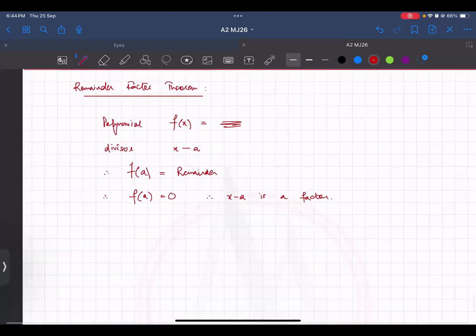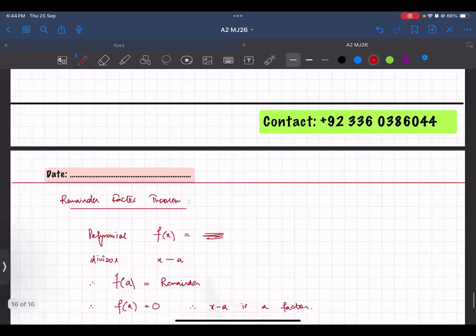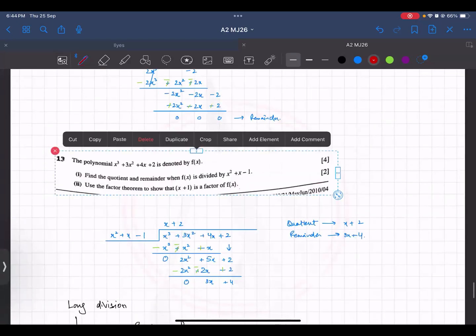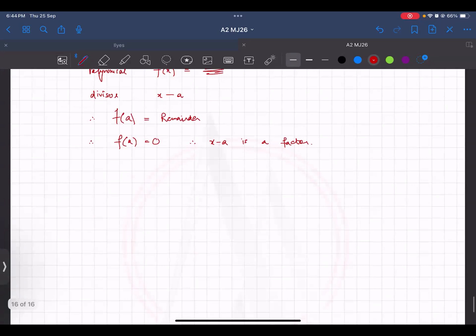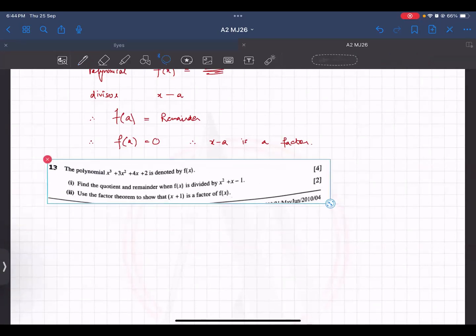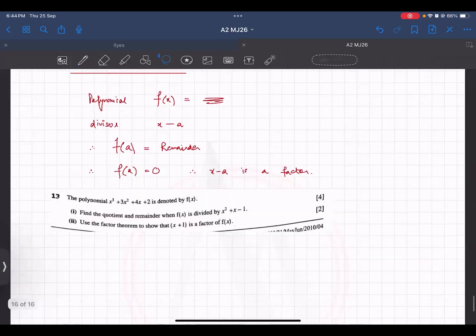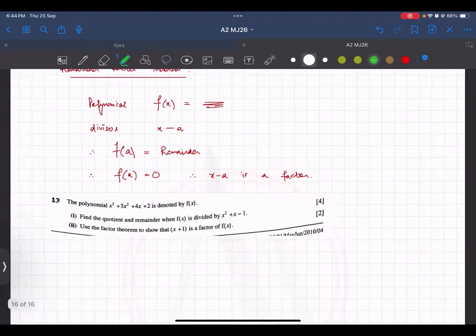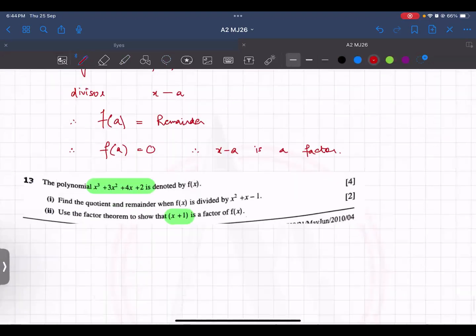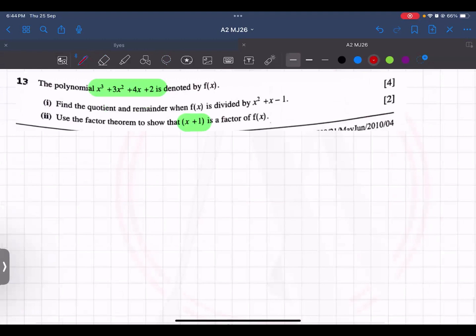Now how do we do this? Let's take the same question. They are asking us to check if x plus 1 is a factor or not. So the divisor is x plus 1, and the polynomial is f(x) equals x cubed plus 3x squared plus 4x plus 2.